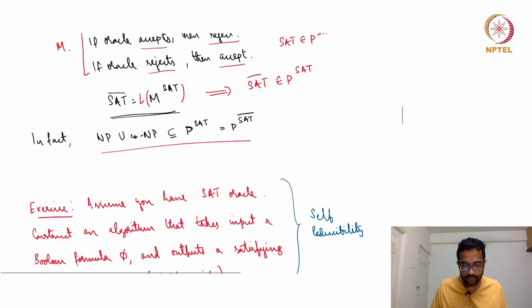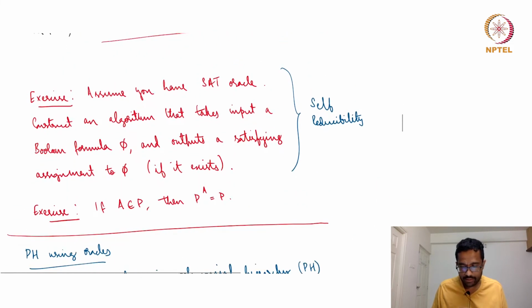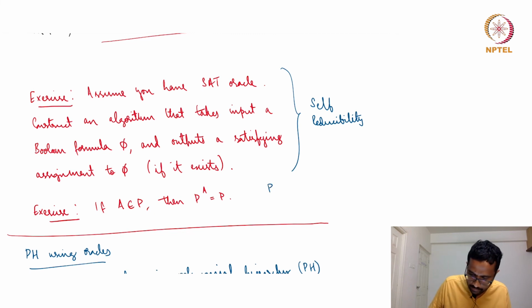NP and co-NP are both contained. However, that was for SAT. If A is in P, then P with access to an A oracle is actually P itself. So obviously P is contained in P with access to an A oracle, this direction is easy.